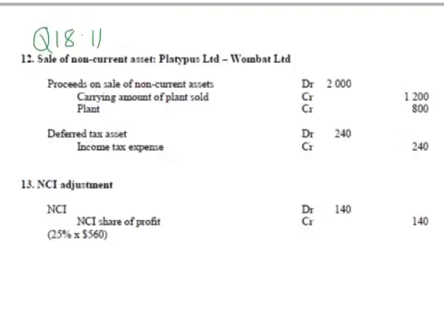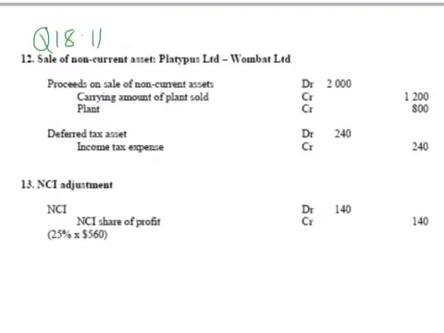So from a group perspective, this sale of the non-current asset never occurred. Therefore, we have to adjust the value of the plant downwards to the original cost or carrying amount of the plant prior to the sale, and we have to reverse the profit recorded in the accounting records of the selling company.